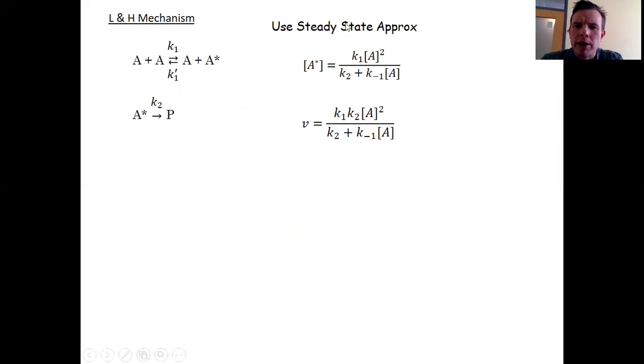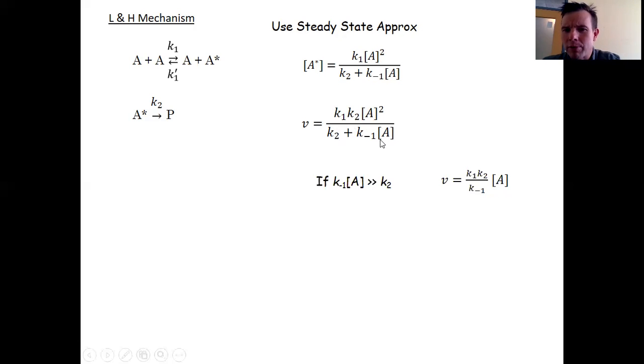I then take this expression for A star, put it into this, and you get this expression for the rate constant. This is interesting because it predicts two different regimes. If this term, k_-1 A, is bigger than k_2, it will dominate, and what you're going to be left with is a rate law which looks simple first order.